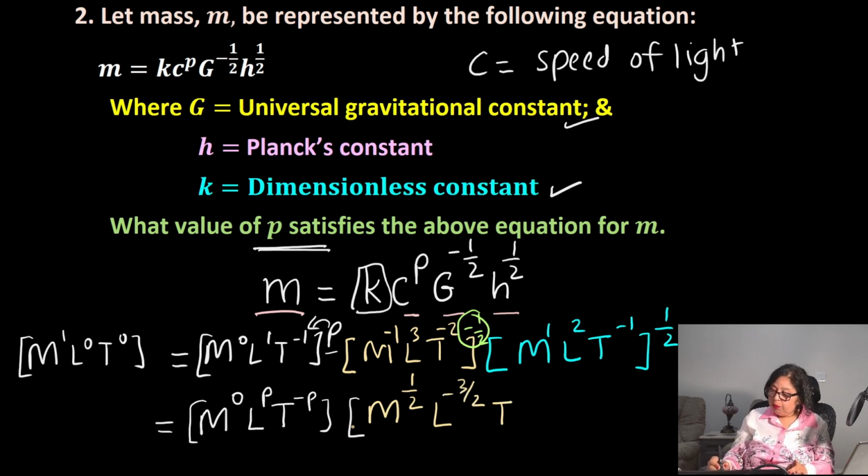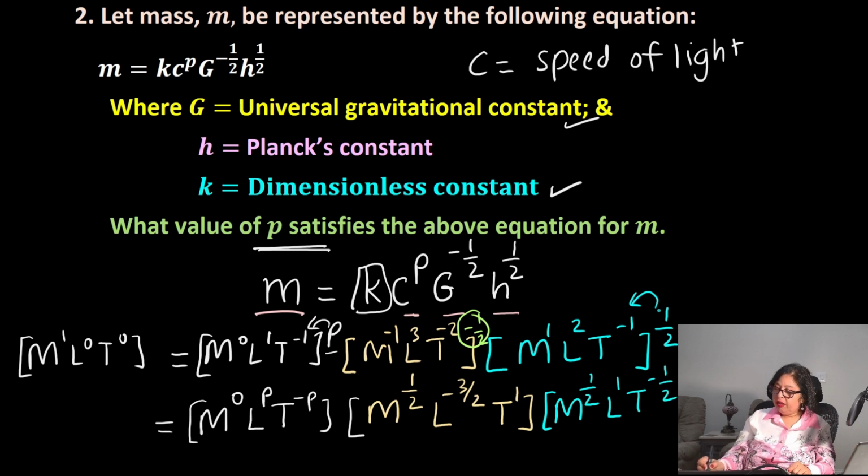T to the power minus 2 times minus 1 half gives me just 1. Next, do the same thing. Bring this 1 half inside the parentheses, and this 1 half is going to multiply each of the exponents. So m to the power 1 times 1 half is 1 half. L to the power 2 times 1 half is 1. T to the power minus 1 times 1 half is minus 1 half.